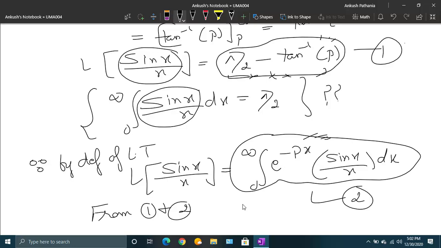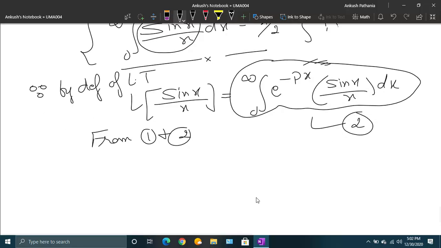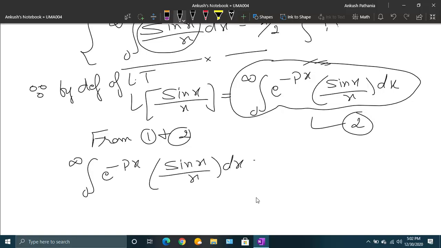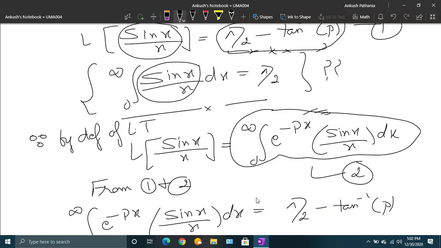Why are we doing this? Because we need this result. So from 1 and 2, I can write the integral from 0 to infinity of e raised to power minus px sin x upon x dx is equal to pi by 2 minus tan inverse p. Here is equation number 1, you can see tan inverse p.